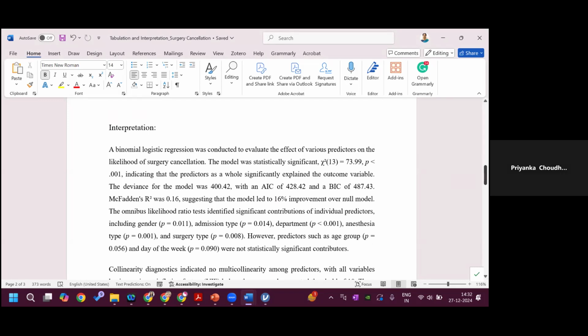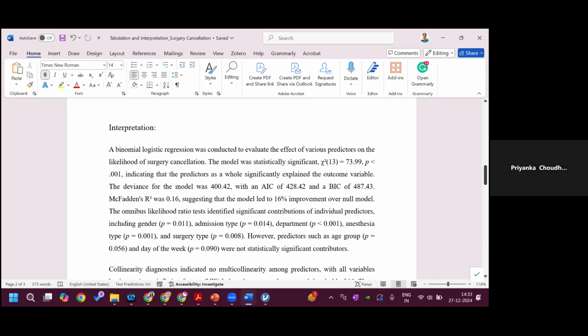Interpretation. A binomial logistic regression was conducted to evaluate the effect of various predictors on the likelihood of surgery cancellation. The model was statistically significant with a chi-square value of 73.99 and the p-value was significant at 0.001, indicating that the predictors as a whole significantly explained the outcome variable.